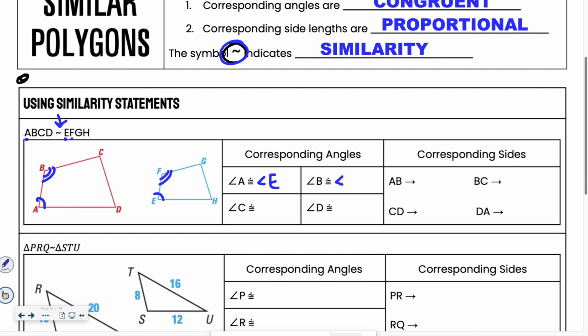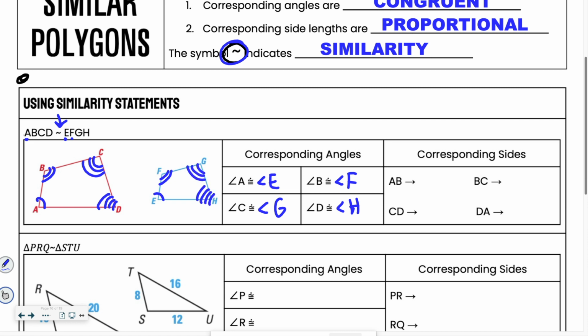Angle F. Angle C, we're just going to keep going right around, is congruent to angle G, our third letters. And then our last pair of congruent angles, angle D, is congruent to angle H.